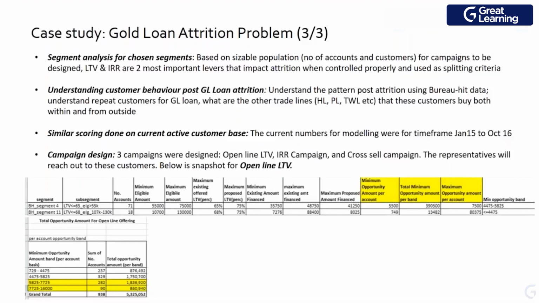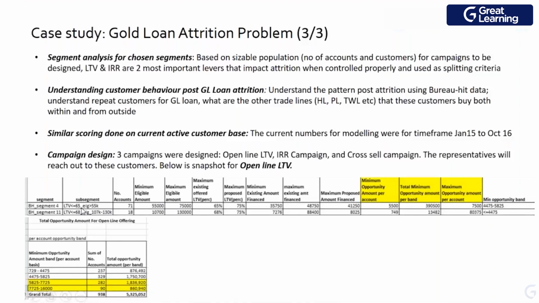Now you have to see this particular thing: the minimum opportunity amount per account. This is the most important thing. How we calculated this 5,500 is, for this customer segment, 55,000 is the minimum eligible amount.